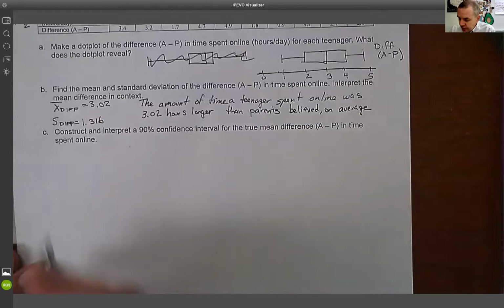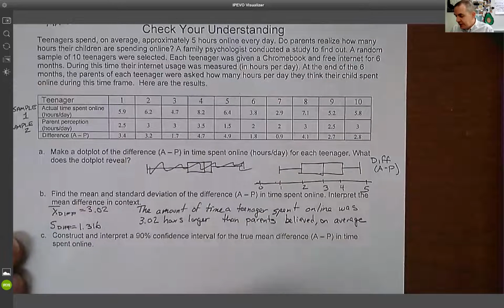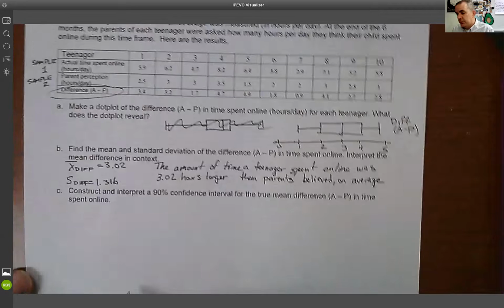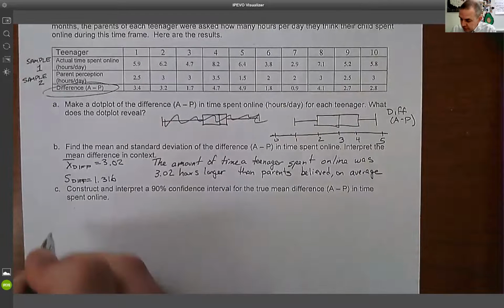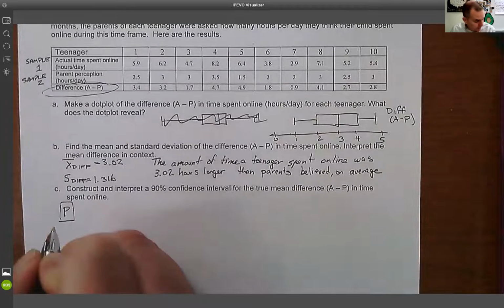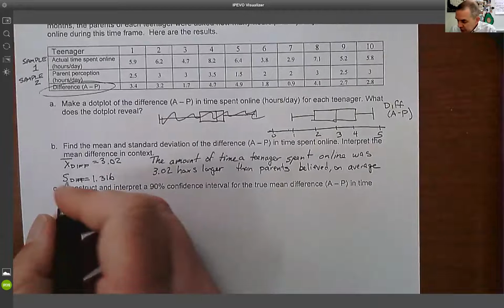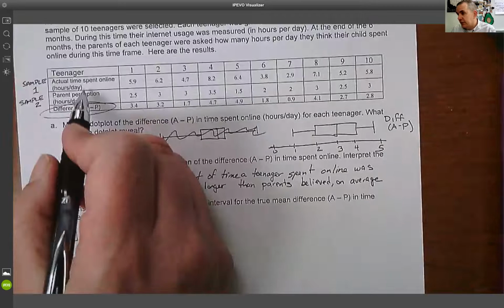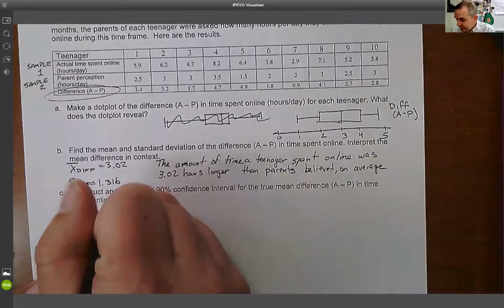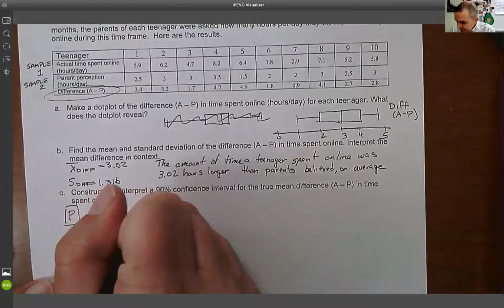Okay. So now, let's do our interval. Even though it's two samples, we're running it on that one sample. So we're going to do it just like we did in the one sample interval, P. When we declare that, you can declare each one of these, but honestly, all I care about is this mean difference.